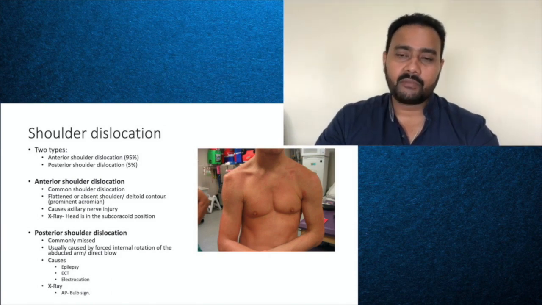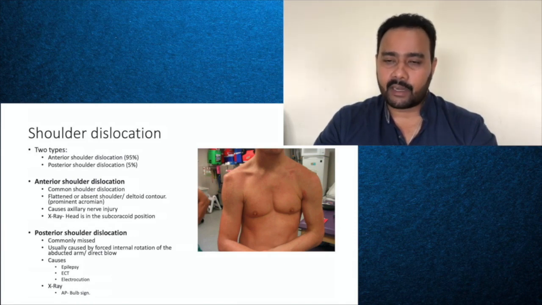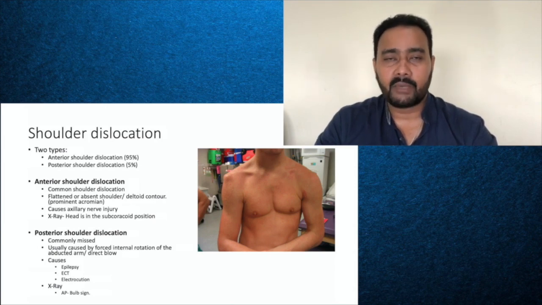But the shoulder has very much increased mobility, and because of that the glenoid fossa is very shallow. The integrity and strength of the shoulder is maintained by the ligaments and the muscles around it.